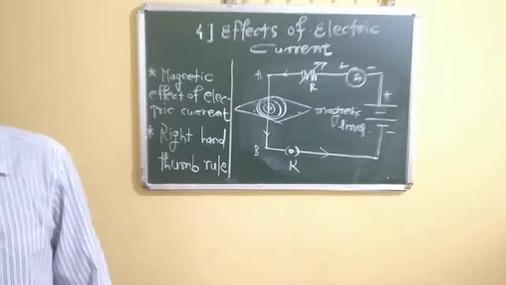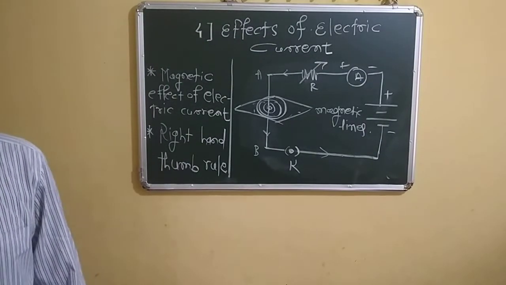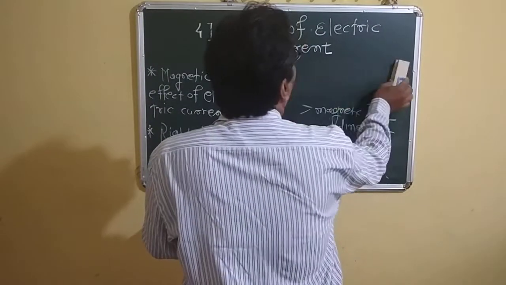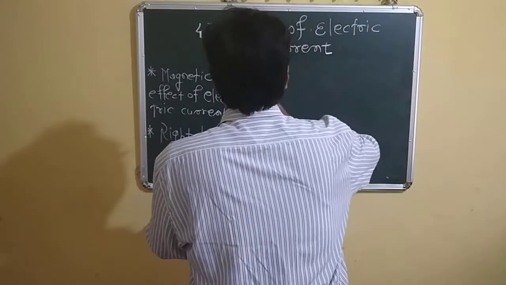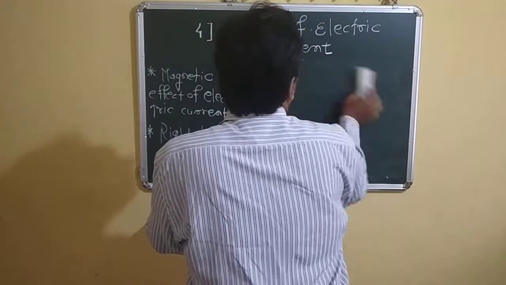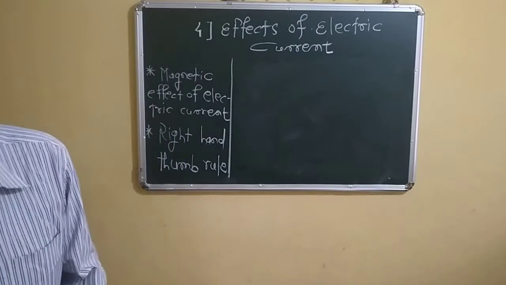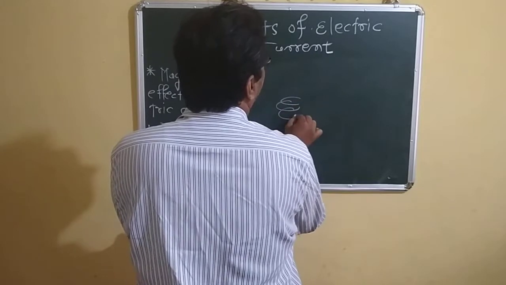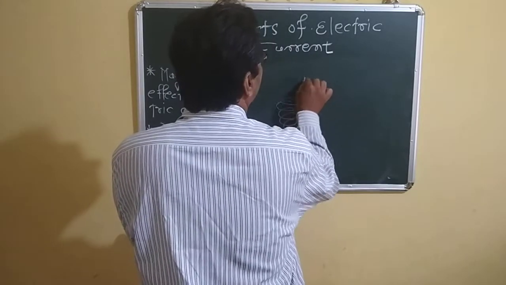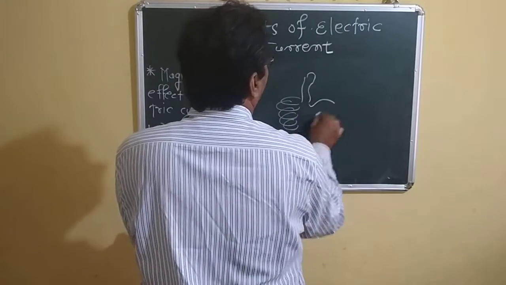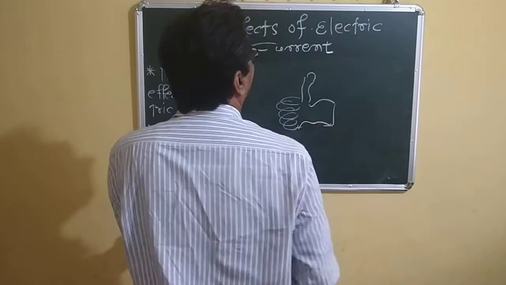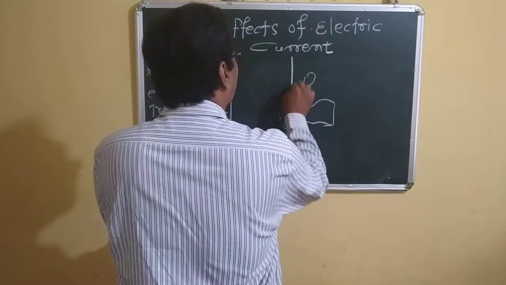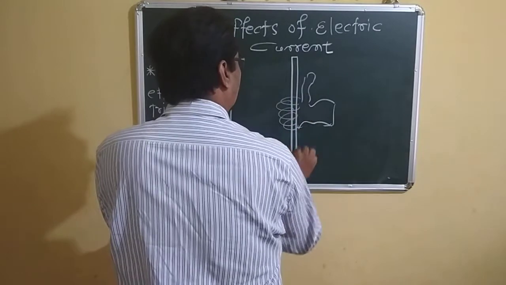We have shown the right hand thumb rule on page number 53. So what is the statement of the right hand thumb rule, and what is the principle behind it? We have to see. Here is our right hand, the thumb is there, and we have to hold a conductor.